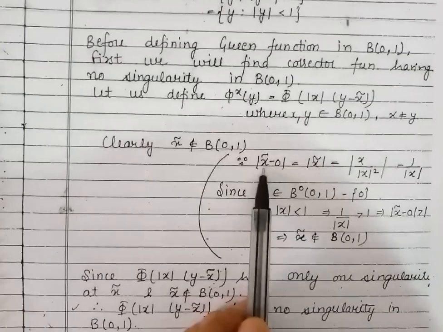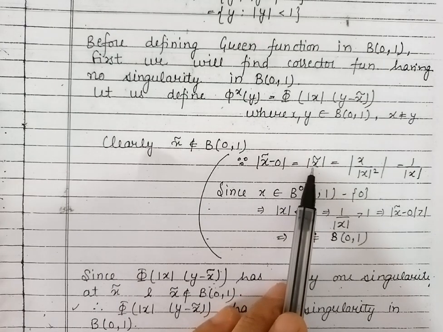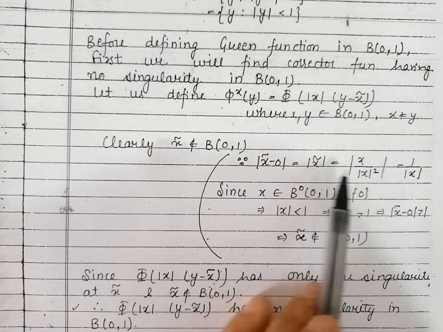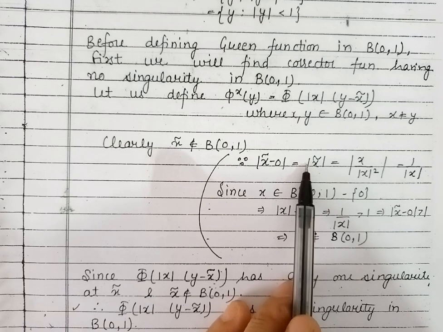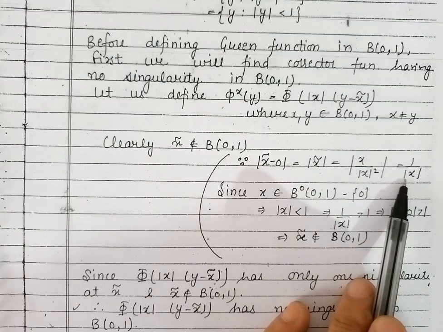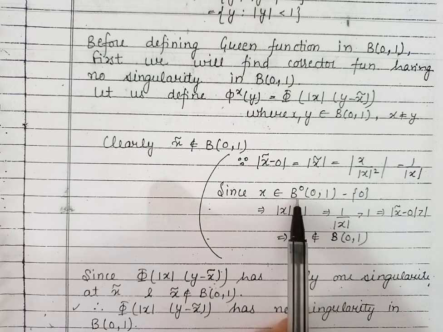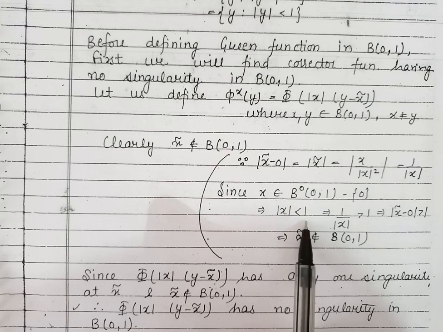Now we check that this function which we have defined has no singularity in the unit ball. Because |x bar|, by definition of x bar as x upon |x| square, its absolute value is 1 upon |x|. Now because x belongs to the unit ball and x is non-zero, by definition |x| is less than 1.